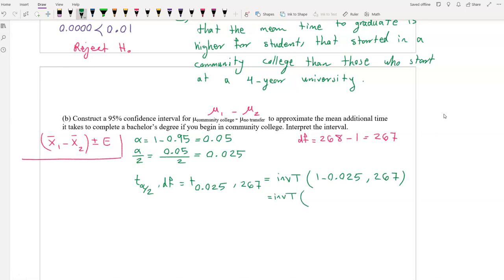So inverse t of 0.975, comma, degrees of freedom. Rounding to 3 decimal places, the answer is 1.969.